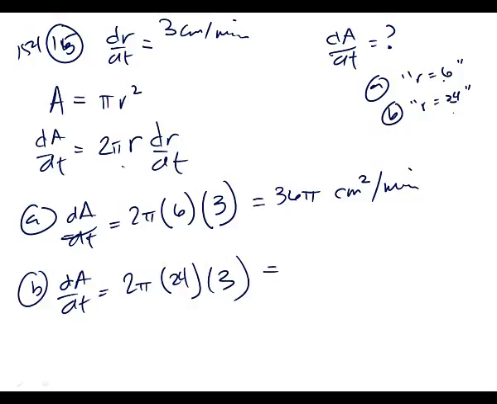The rate is still 3. Well, you guys have calculators, don't you? 48 times 3, whatever that is, centimeters squared per minute. Is it 72? 144. Okay.